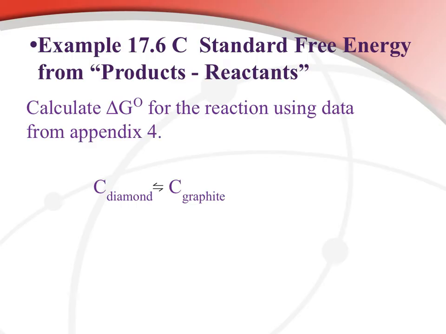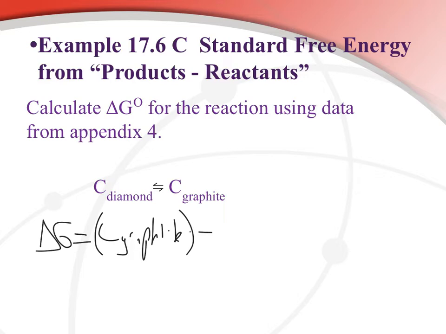This is perhaps my favorite slide in all of chemistry, because when you look up the delta G values in the back of the book, diamond and graphite, you have to switch the order to go products minus reactants. Delta G is the graphite minus the diamond.